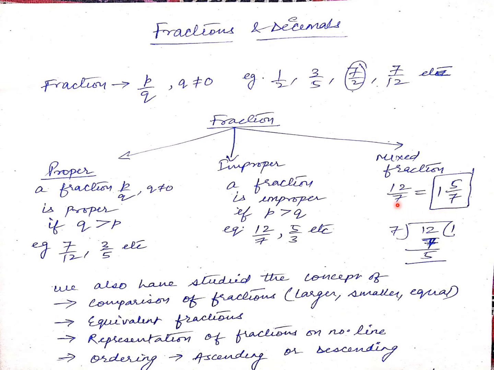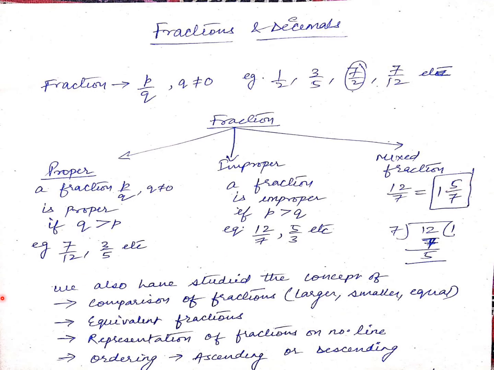Then we write the quotient, you can see quotient is 1, it comes here, and then we write the remainder above the 7 like this. It is solved like this: 7 into 1 plus 5, so 7 ones are 7, plus 5 is 12 upon 7. So this is known as a mixed fraction. I hope you have studied this in earlier classes also.